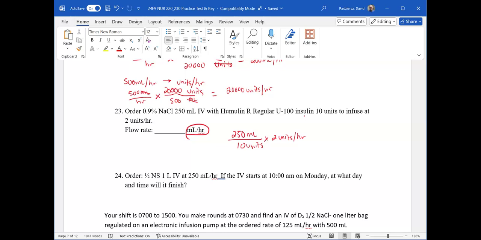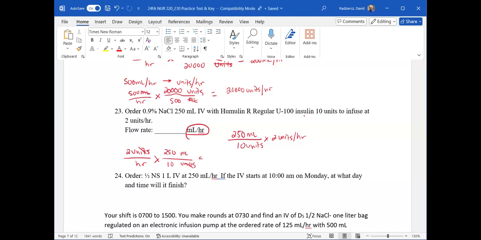Me personally, I just like to keep things simple when I'm explaining it. And if you prefer this way as well, there's no one right way, I just want to make sure you're not putting the numbers in the wrong place. Okay. So as long as the 2 and the 250 are on the top and the 10 is on the bottom, you've done it correctly.